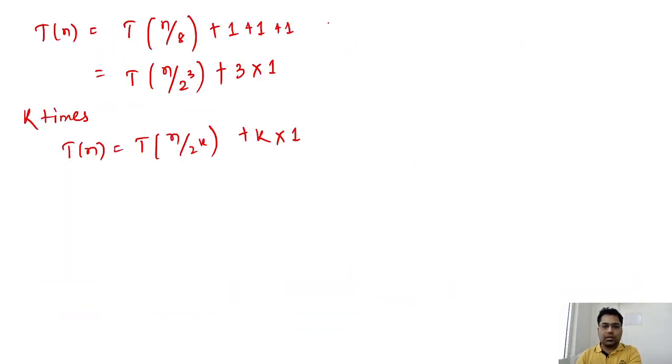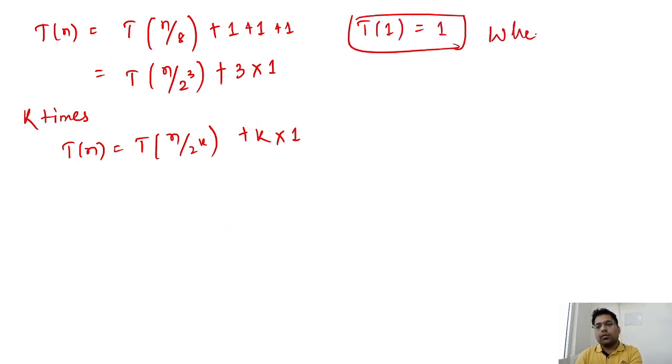In this way, we found the recurrence relation. In the general case we have seen T of 1 is 1, where n is equal to 1. So in this case we found the value this way, T of n. Now assume we have reached the base condition.